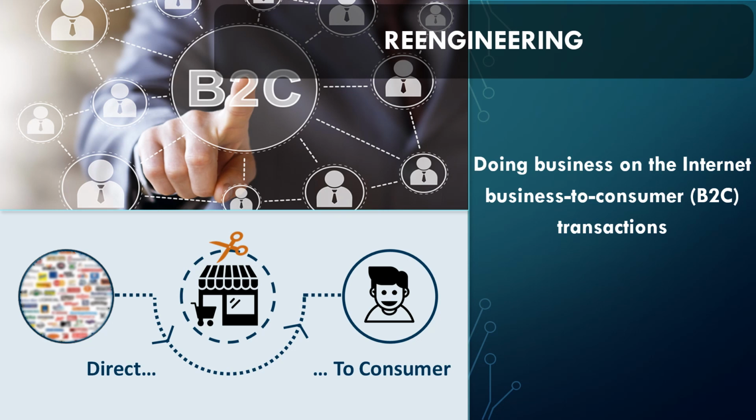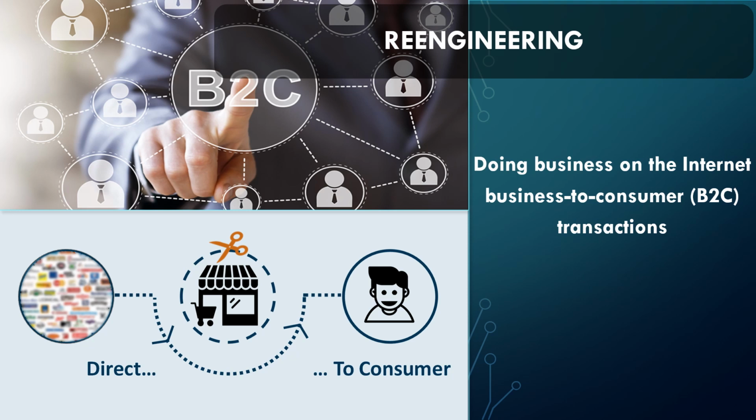Other techniques for re-engineering are what we call B2B or B2C, doing business on the internet, business to customers. What we can see: Amazon, we also have Lazada, we have Shopee. All of these websites are based on B2C, business to customer.